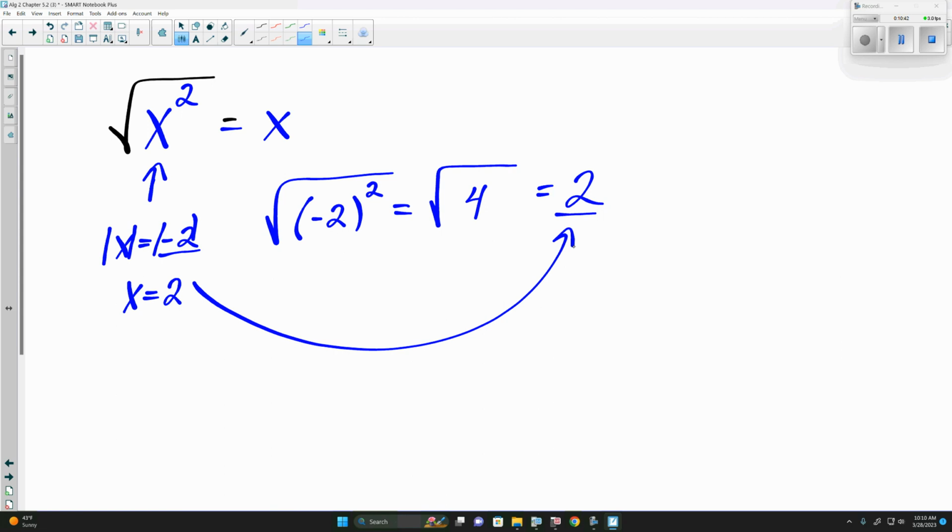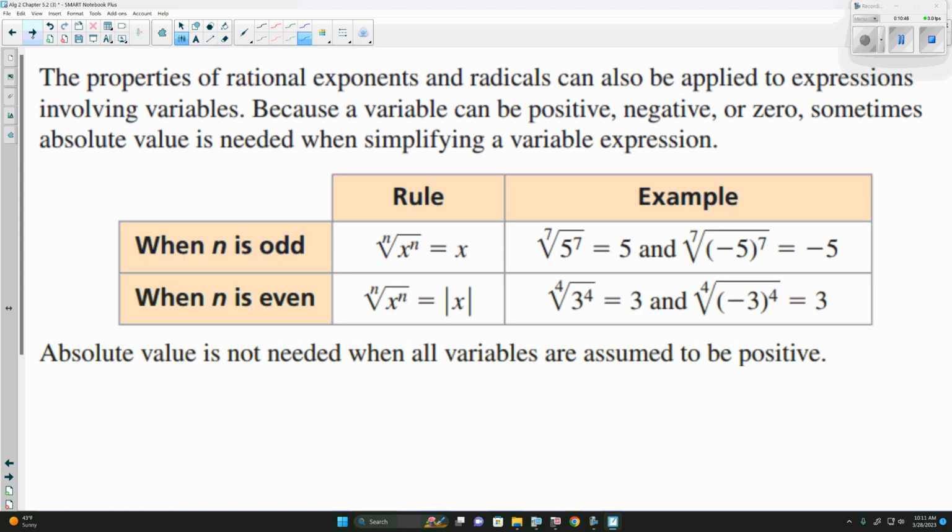And that's what they're really talking about with this here, is in the general sense, when we talk about a variable where we don't know if the number we're starting with is a positive value, negative value, or 0, we add the absolute values when we're taking the even root of an even power.